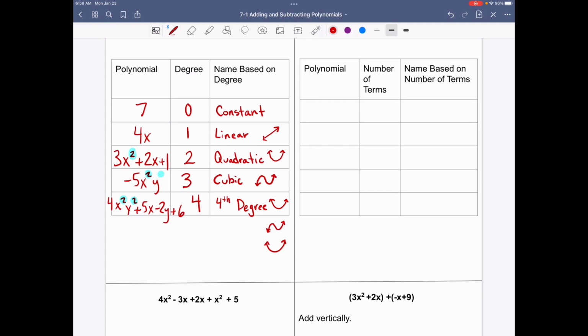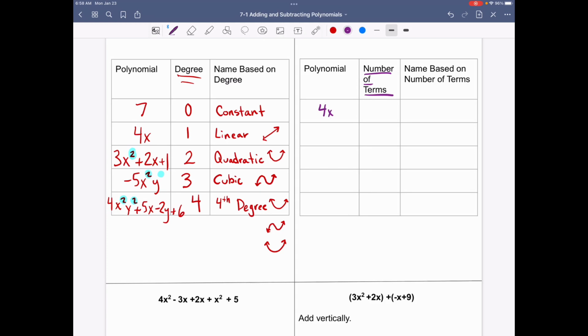And that's the degree of a polynomial. Another way that we can classify polynomials is by the number of terms. So I'm going to give you some polynomials again.